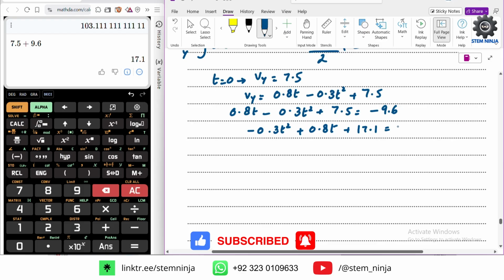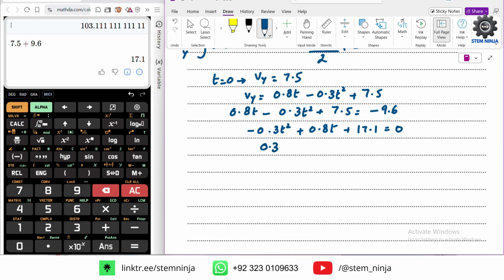17.1. So we change the signs: 0.3t squared minus 0.8t minus 17.1 equal to 0. Now we need to simply use the quadratic equation.